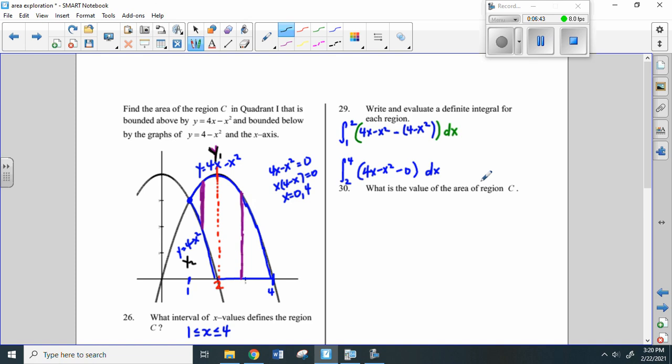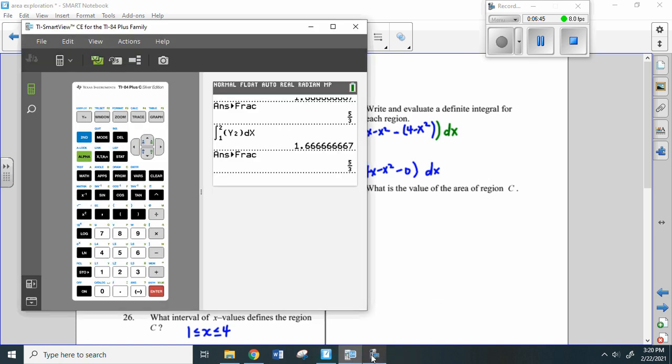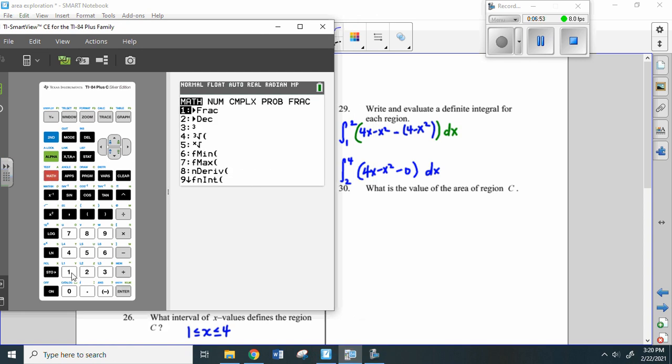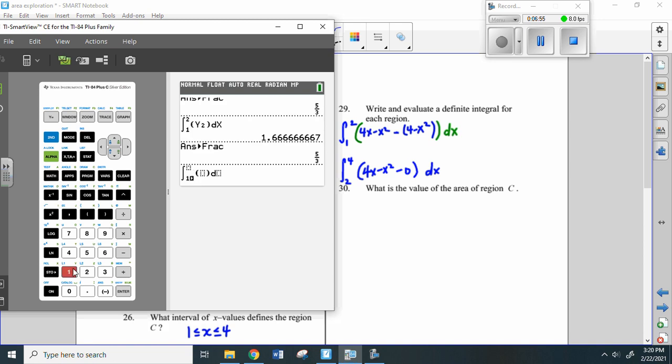So if I'm going to use my calculator to work out that first integral, then I am going to do math 9. I'm going to start at 1. I'm going to go to 2, and I'm going to have to put in y1 first. Sorry about my dog barking right there.